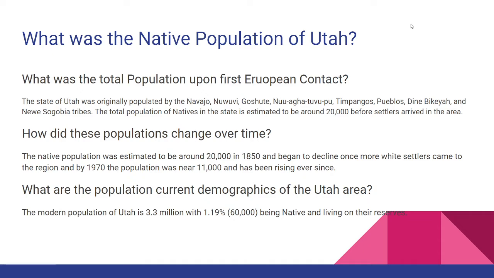Before European contact, the total population upon first European contact was estimated to be about 20,000 before original settlers arrived in the area, and the tribes that inhabited the area included the Navajo, the Nuive, the Goshute, Nuagatuvapu, Tempangos, Pueblos, Dainbikia, and the Nuisogobia tribes.